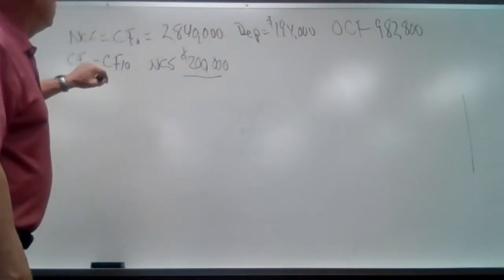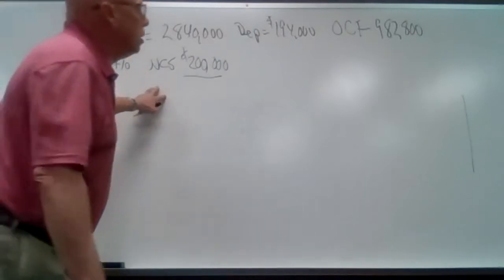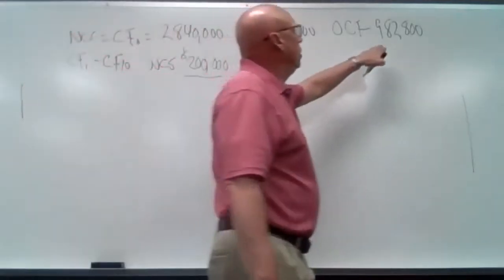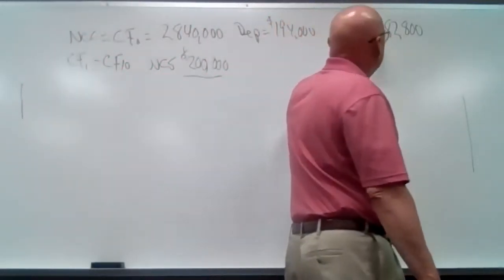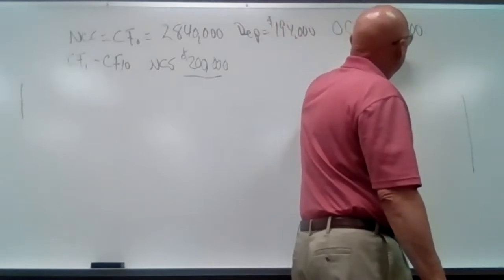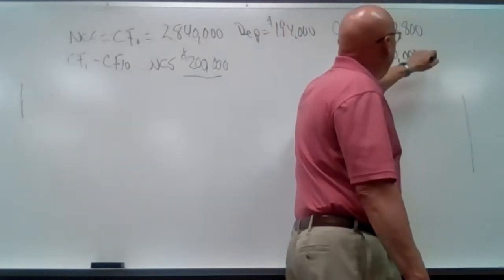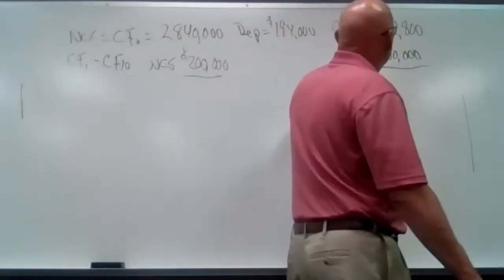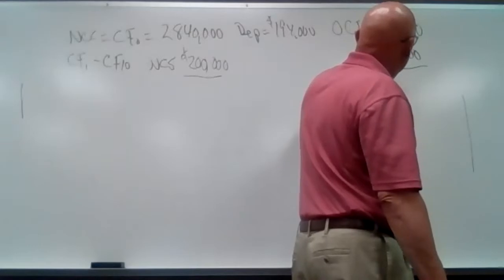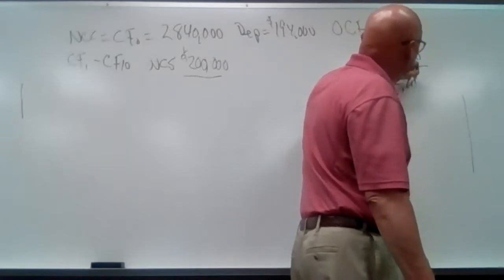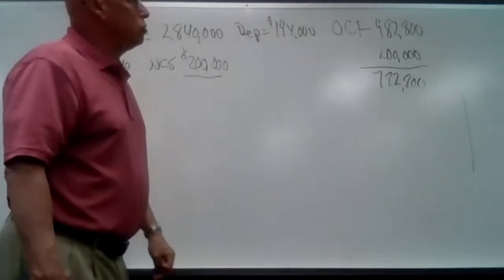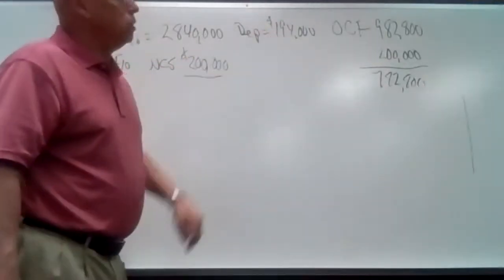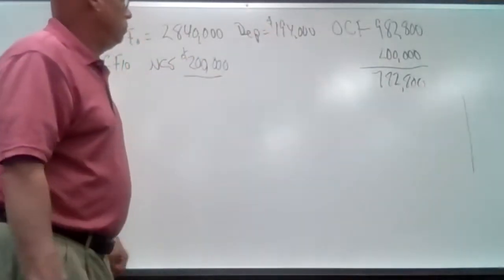So we have our operating cash flow is going to be 982,800, but we're going to have to take $200,000 a year of that, and we're going to have to reinvest it. So 782,800, okay, is what your cash flow is going to be after you take the 200,000 out each year, okay?